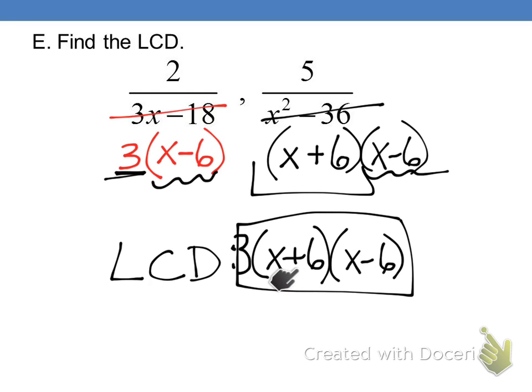So you're trying to figure out what you can multiply each of the expressions by to end up with your common denominator. All this one needs is the x plus 6 and they match. All this one needs is the 3 and they match. Each piece of the factored denominator needs to be present in the common denominator. Questions?